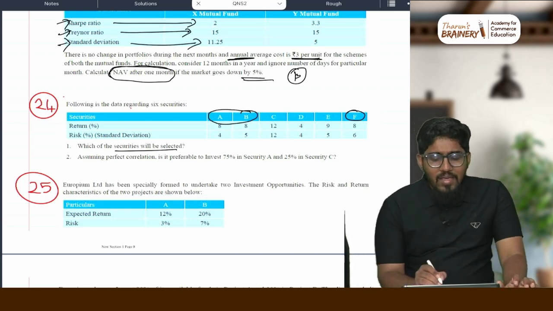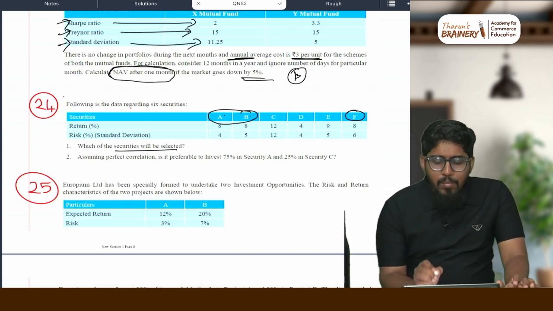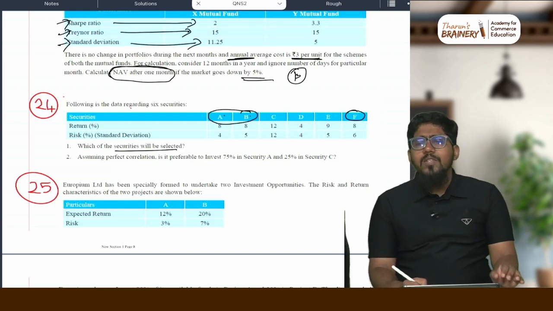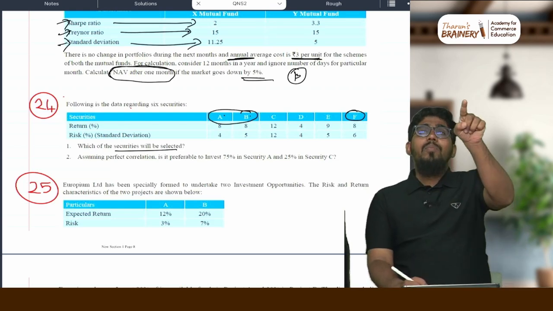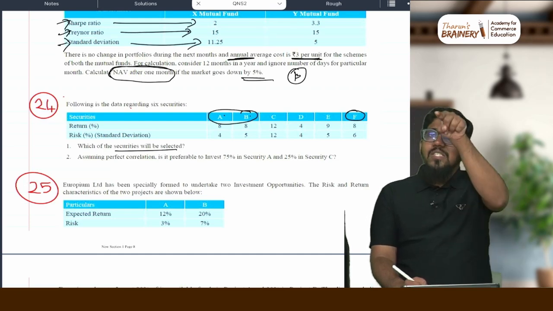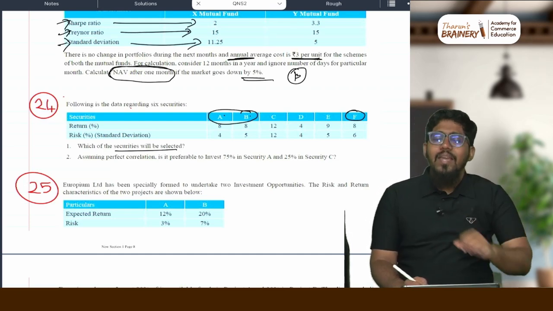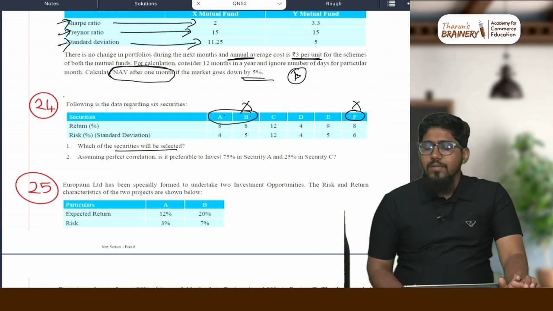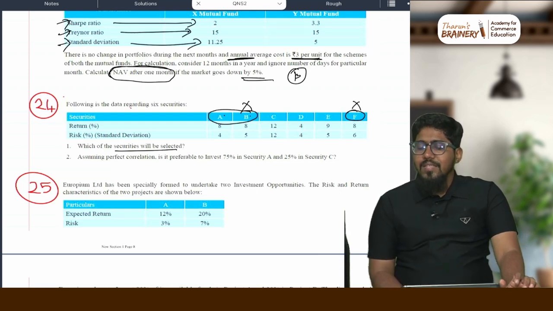No. If I want to choose between A and B, which one will I choose? A only. A is giving me 8%, B is also giving me 8%, but A is giving 8% with a risk of 4 and B with a risk of 5. So why will I take high risk? So B I will not take. Similarly, F also I will not take because the risk is this.